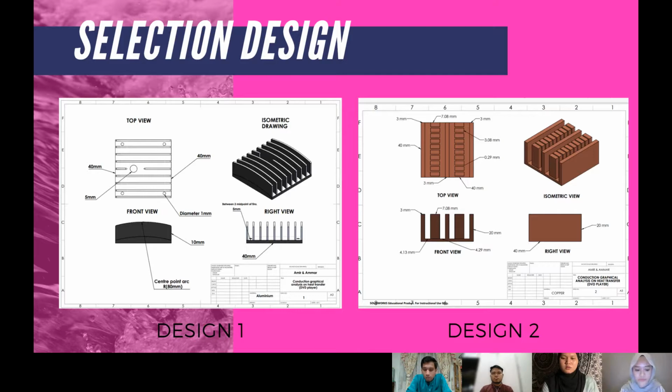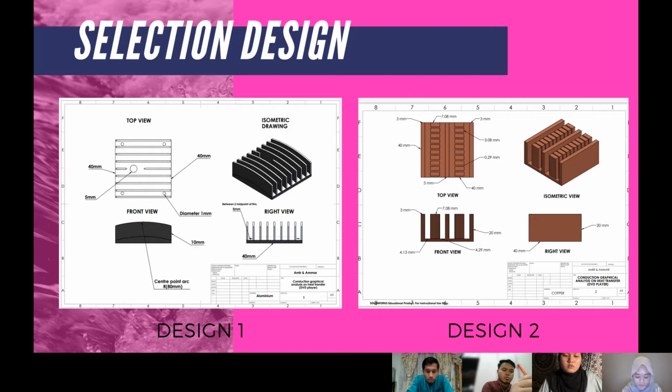Alright, I'm Muhammad Amar Bakir bin Zul Nazruddin. I would like to present the selection design of this assignment, which is we make two designs of the type of sink in SolidWorks application.